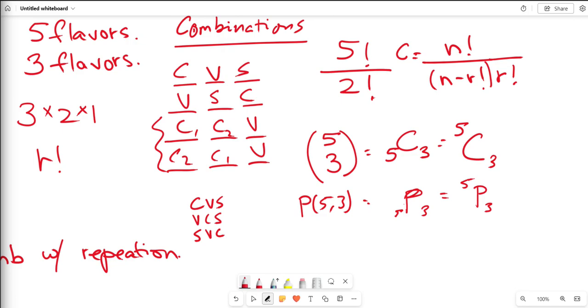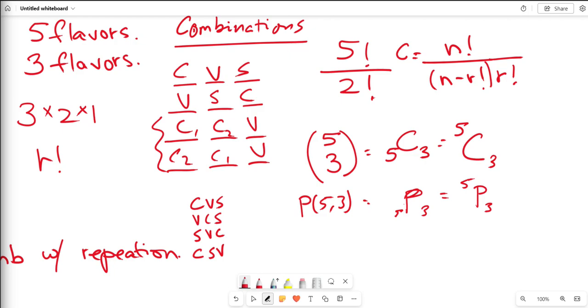Vanilla has not moved through all three positions. So you can say, let's see, CVS, CSV, and then C. Okay, so C was in the first spot. These two had both spots reversed.